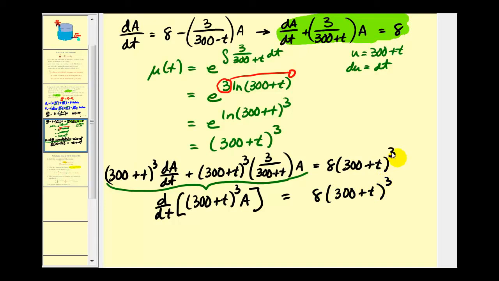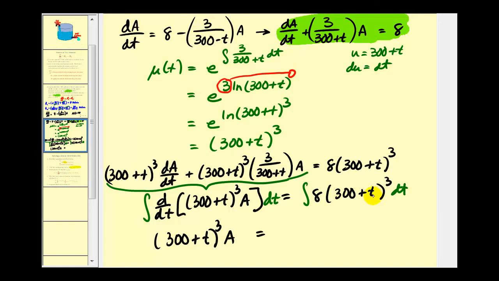And from here, we can now integrate both sides of this equation with respect to t, and then solve for our function a. So now we're going to integrate the left side and integrate the right side. Well, on the left side, the integral and derivative undo each other, so we're left with the quantity 300 plus t to the third times a.